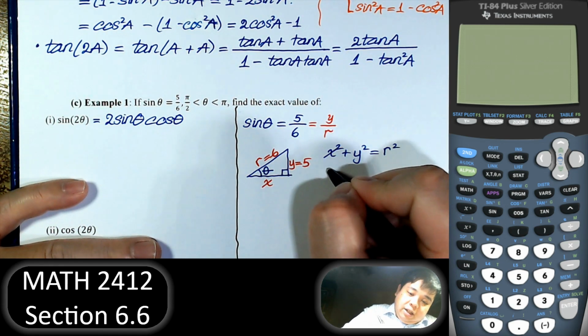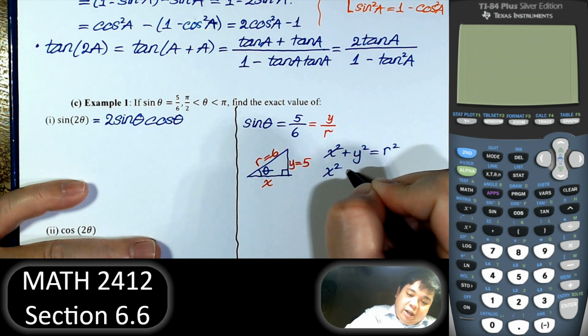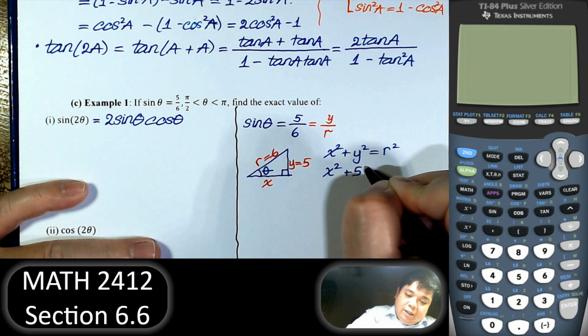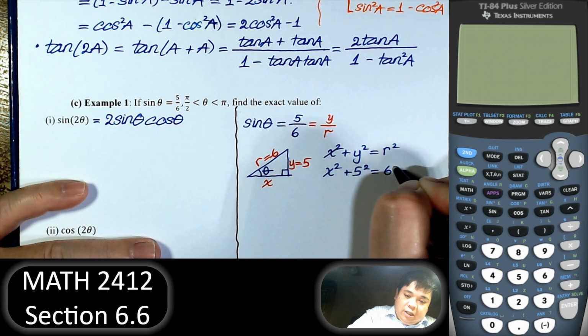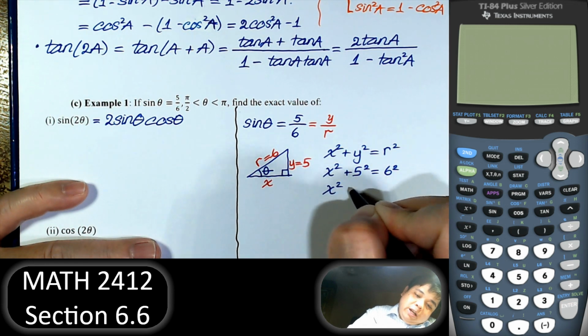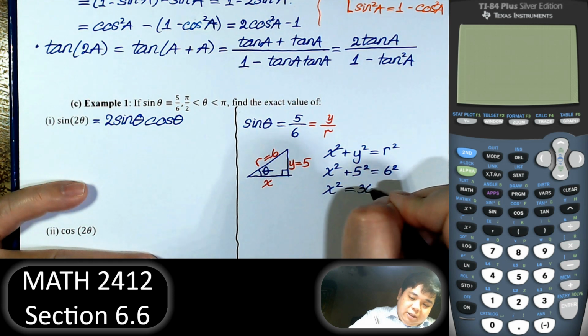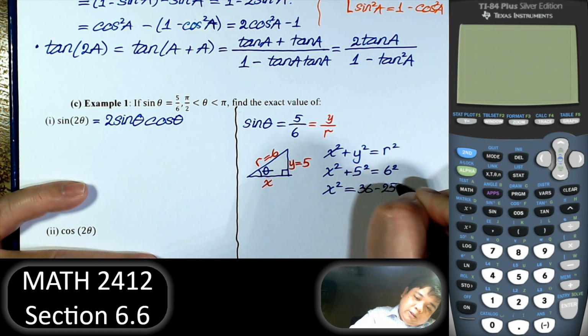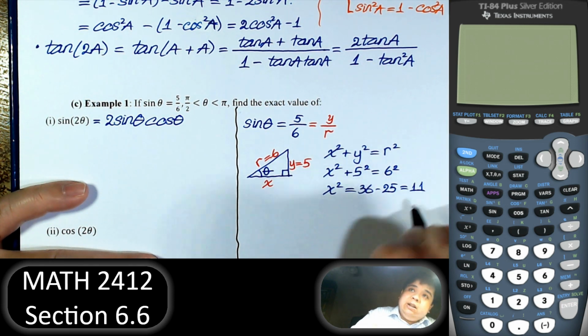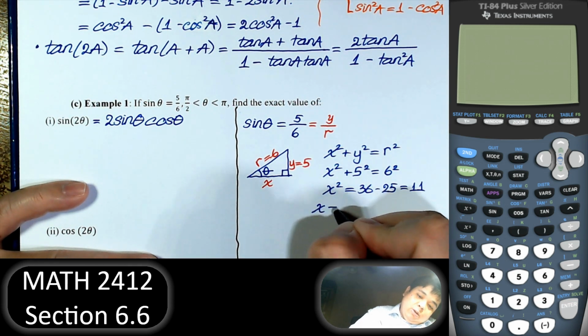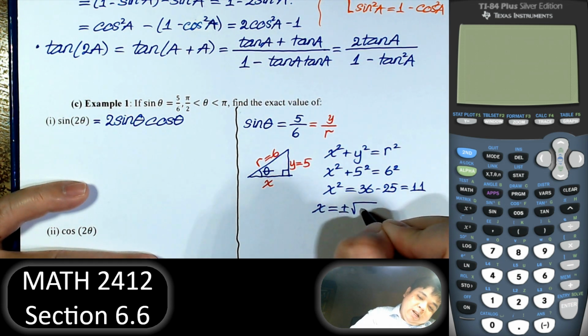So x we don't know, y squared and r squared. So x squared equals 36 minus 25, which is 11. So we have x equal to plus or minus square root of 11.